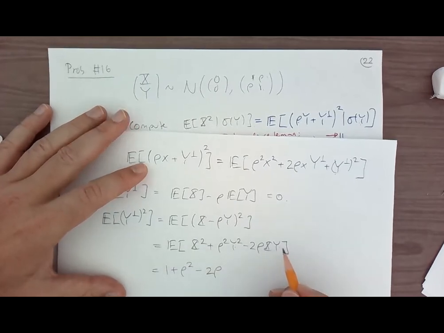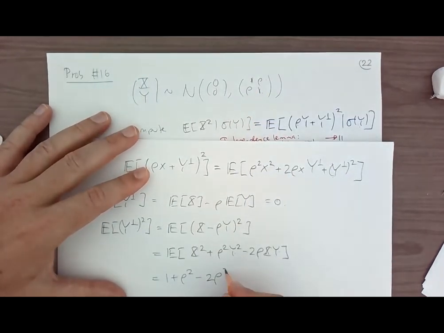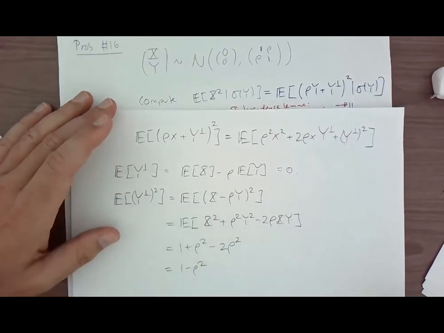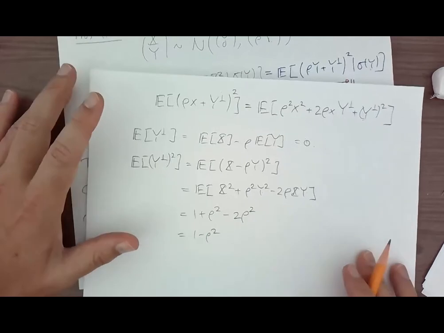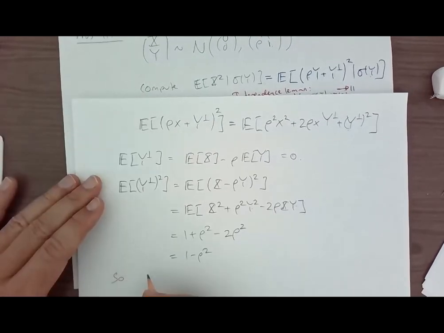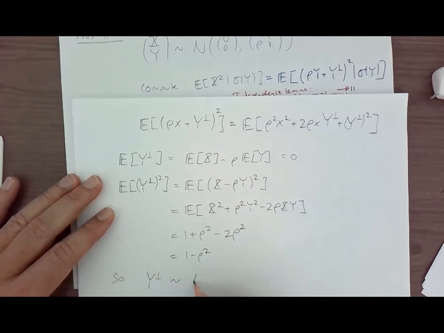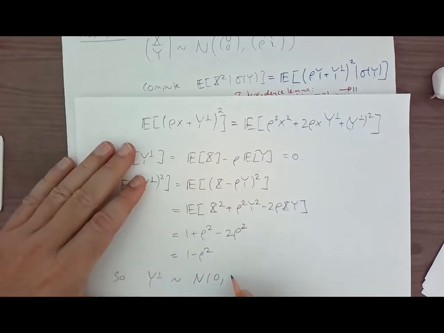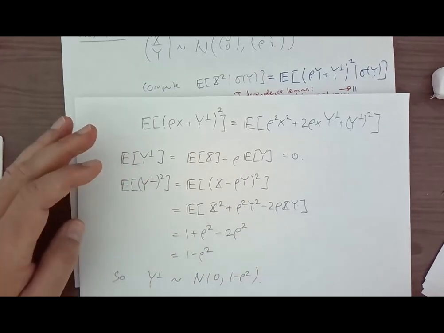And then the expectation of the product, well, that's going to be what's off the diagonal. So it's going to be rho squared. And you end up with 1 minus rho squared. And that's my variance. So from this, we can conclude that y perpendicular is normal, mean 0, and variance 1 minus rho squared.